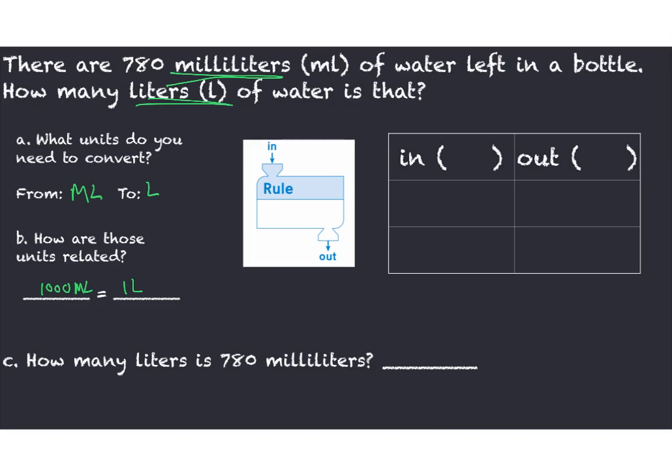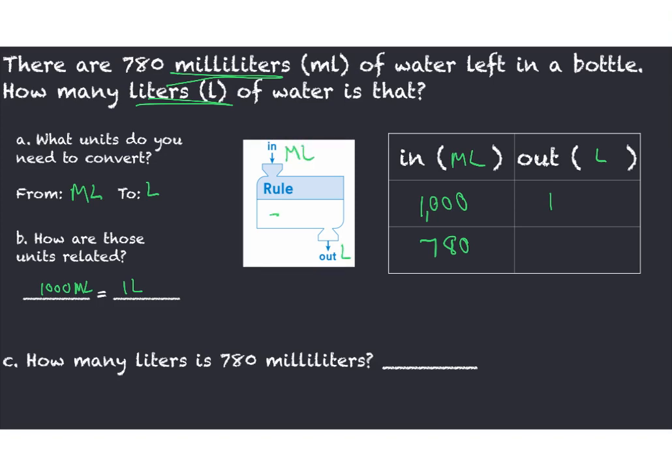So let's fill out our chart and our input-output table to help us answer this question. If I put milliliters in and I get liters out, if I put 1,000 milliliters in, I'm going to get 1 liter out. So now I want to put 780 milliliters in. My input here is milliliters, my output is liters.